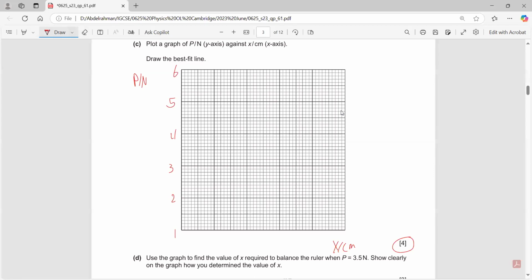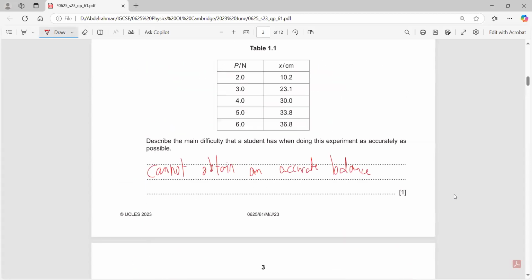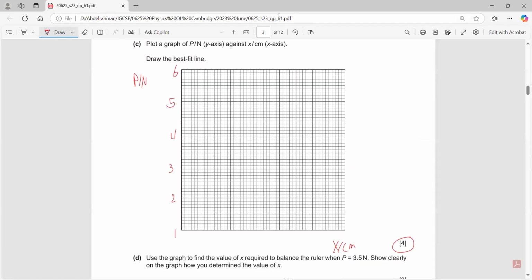And on the x-axis, you have values from 10.2 all the way up to 36.8. Can I start off with 10 all the way up to 36.8?